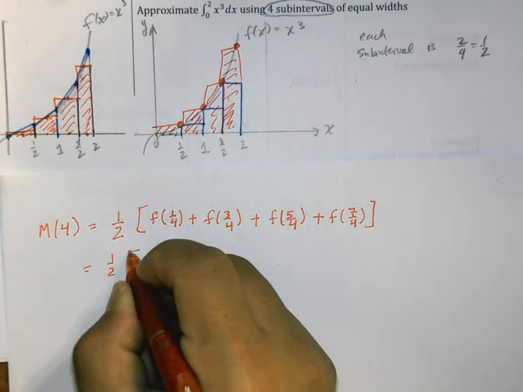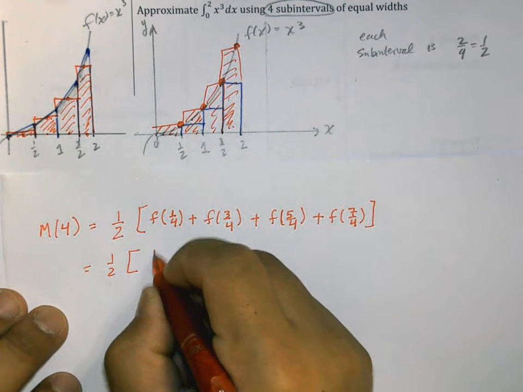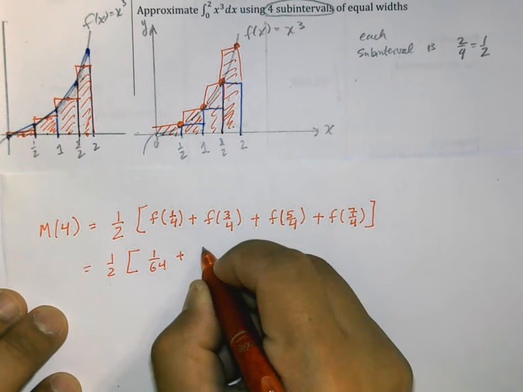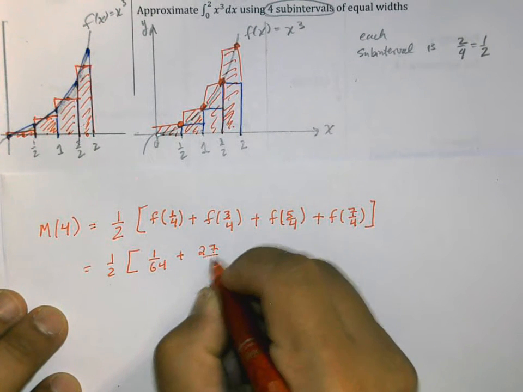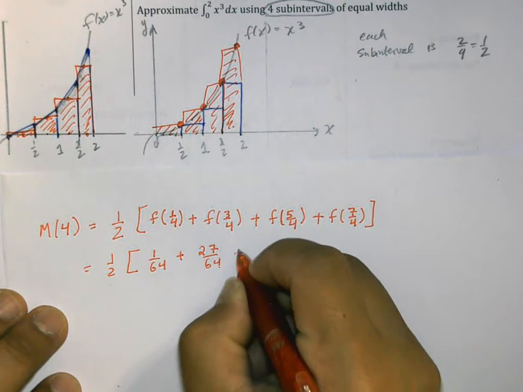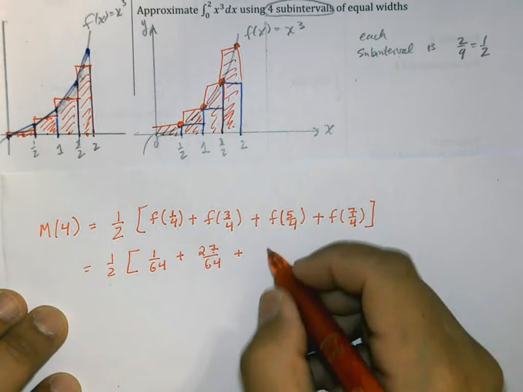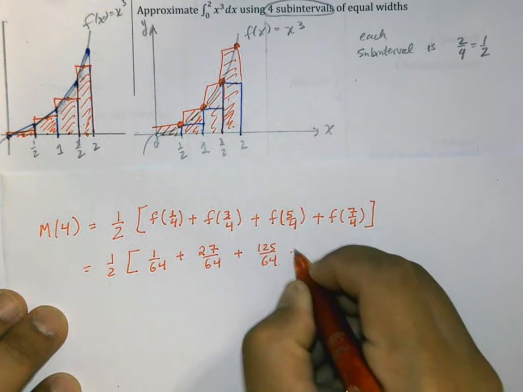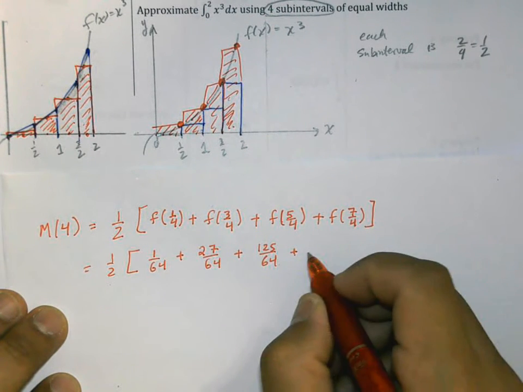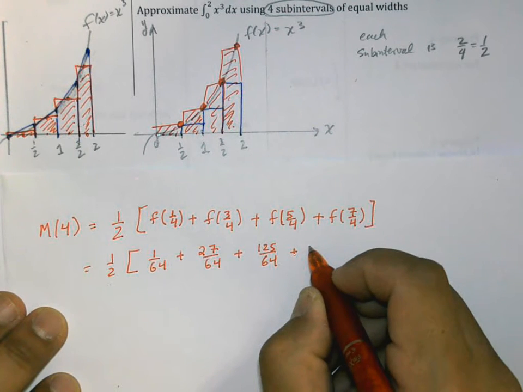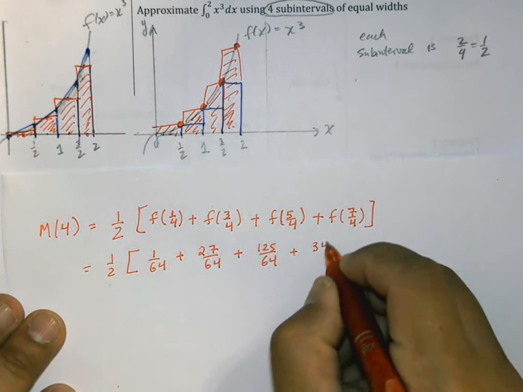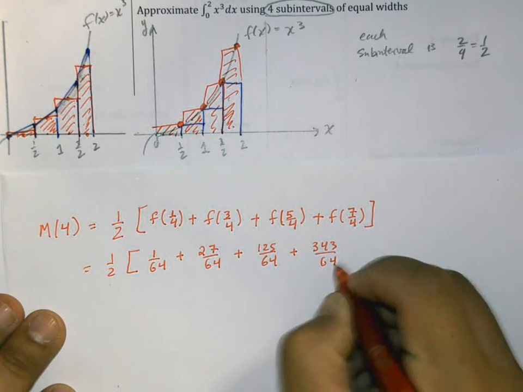So this is 1/2 times: f of 1/4 is 1 over 64, plus f of 3/4 is 27 over 64, plus f of 5/4 is 125 over 64, and f of 7/4 is 7 cubed over 4 cubed, 343 over 64.